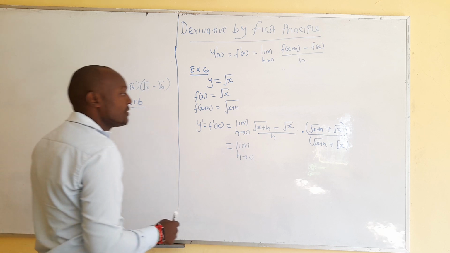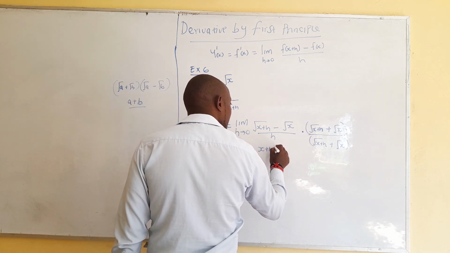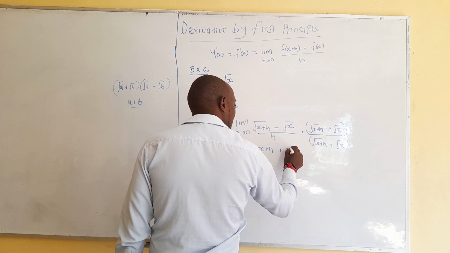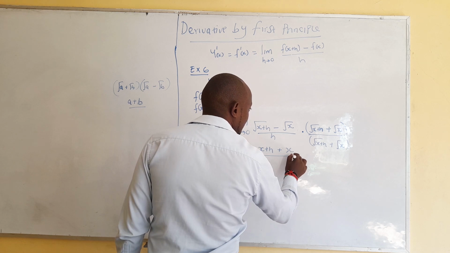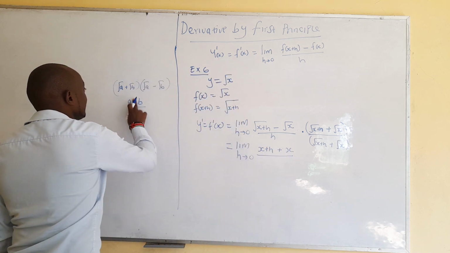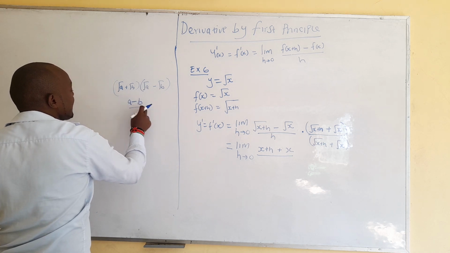So in this case, I'll have x plus h. No, it will be minus, because we are dealing with a surd. When you open this one, you have a minus b.